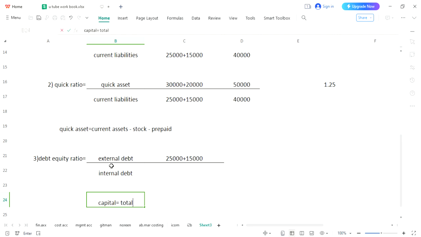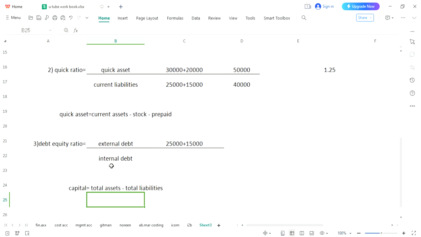Total assets you will take and you will subtract total liabilities. In this way you can calculate your capital. Please note it down. Balance sheet has total asset. If you will subtract your total liabilities and still you have got some answer, that would be considered as your capital. And internal debt, we have understood in the lecture, internal debts are capital, reserves and surplus. So we can calculate capital.